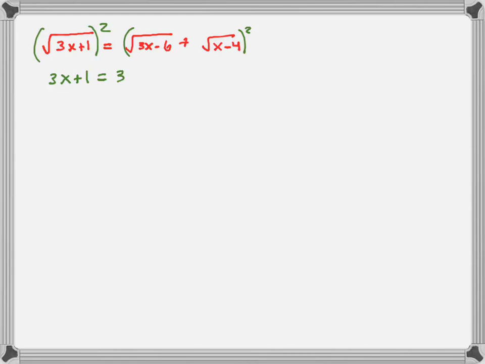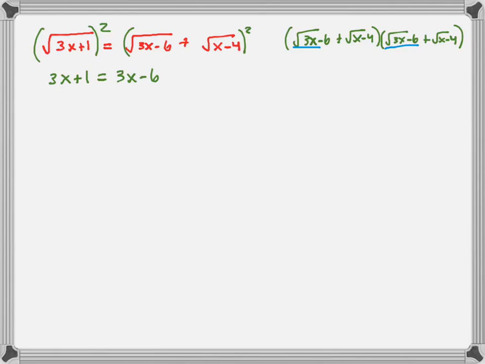So we first get 3x minus 6, because if we write this out, you get root 3x minus 6 plus root x minus 4 times root 3x minus 6 plus root x minus 4. And so if we multiply the first terms together, we get 3x minus 6 because they're the same.